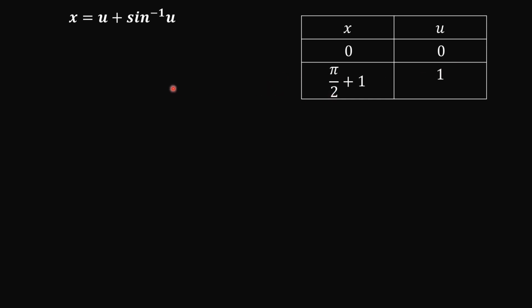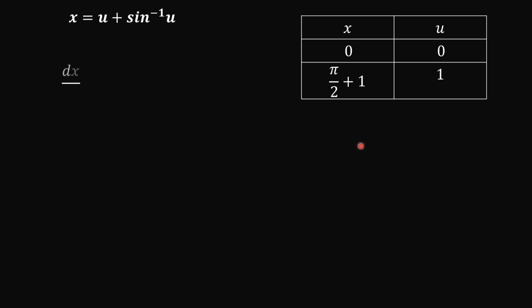Now when x is equal to pi over 2 plus 1, it means that this u is 1, and also the u in the arcsine function is 1, such that the arcsine of 1 is pi over 2, and adding that extra u gives you pi over 2 plus 1. So u ought to be 1.